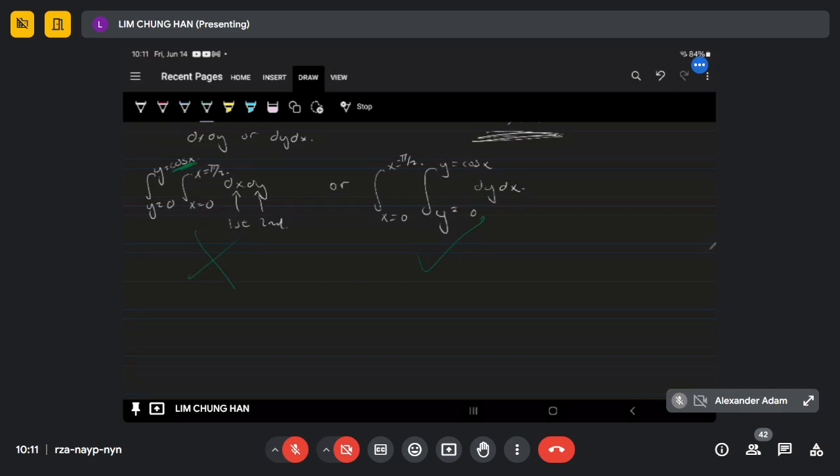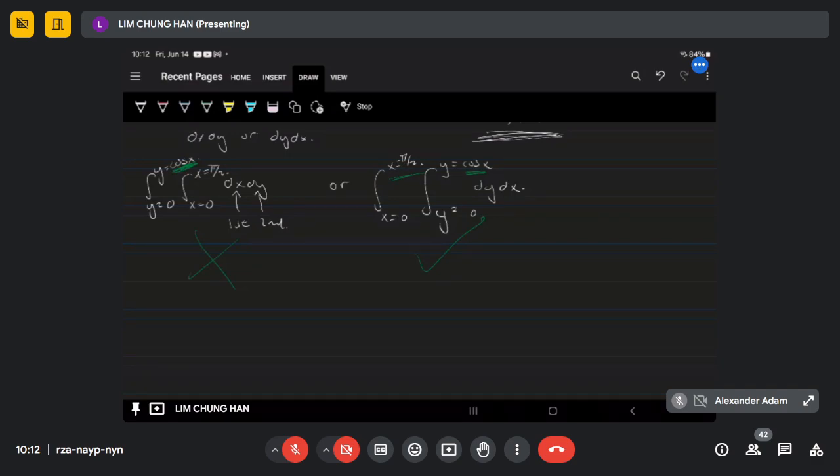You're not going to get a constant as an answer. You get an answer that still has an x because you are substituting cos x into your answer, the limit. So it's not preferable. That's why you prefer dy dx, because you can substitute the x in earlier, and then when you integrate dx, you can substitute pi over 2 in, and then you will get a number for your answer. So we prefer to do dy dx because of this reason.